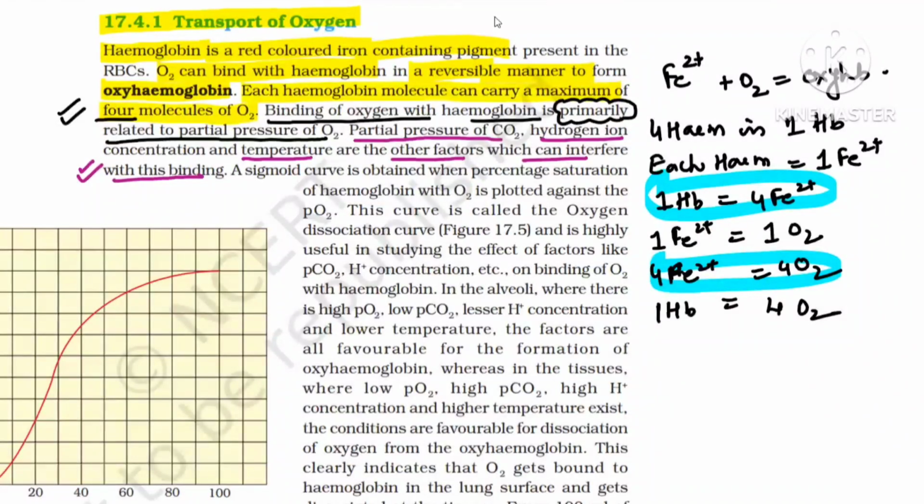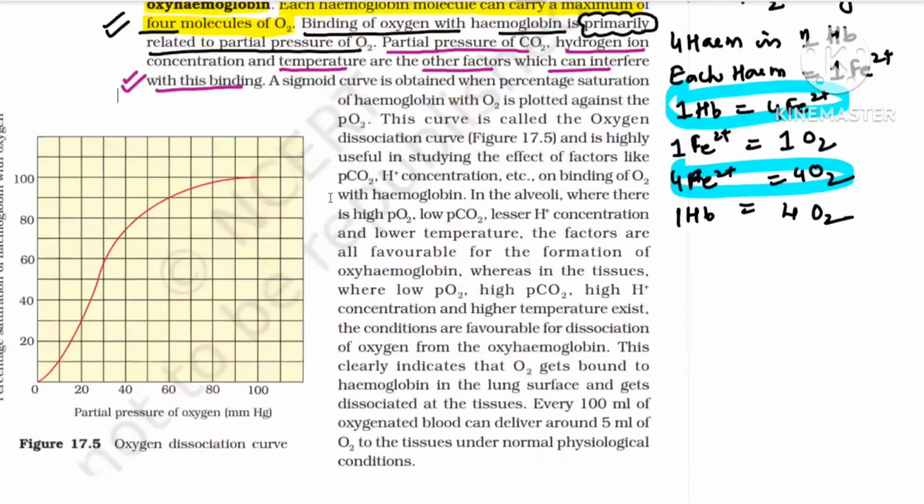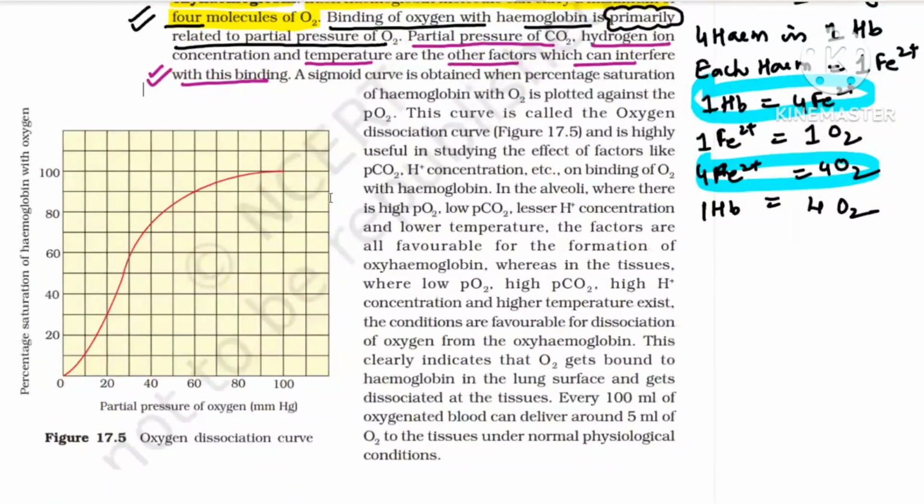Now, let us study this diagram properly. See, this is the partial pressure of oxygen, and this is how much hemoglobin is saturated. So they are giving the percentage of hemoglobin saturation.